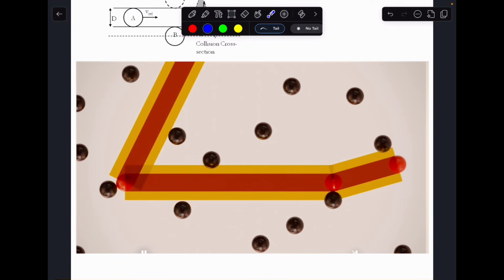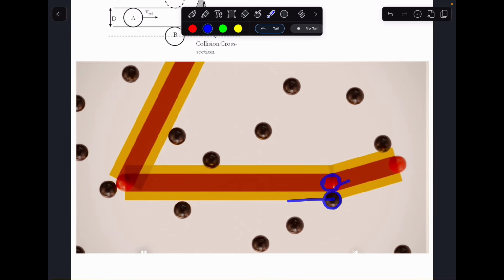Now you can see the center of this molecule is lying outside of the collision cylinder. This molecule is lying outside, even this one, in fact this one also. But if you observe this particular gas molecule, its center is lying exactly on the border of the collision cylinder. Hence, our gas molecule is colliding with this.